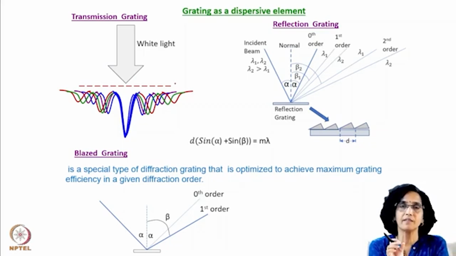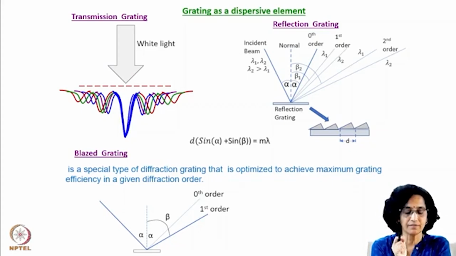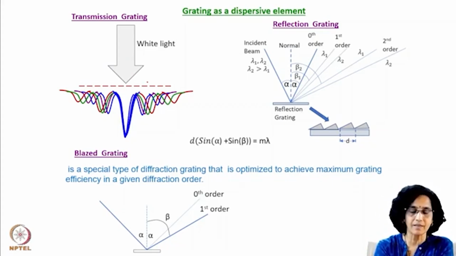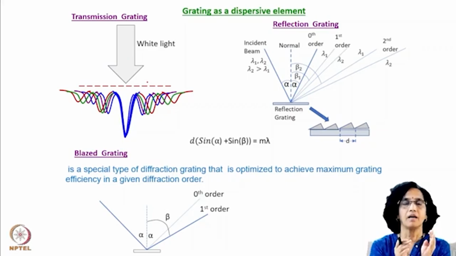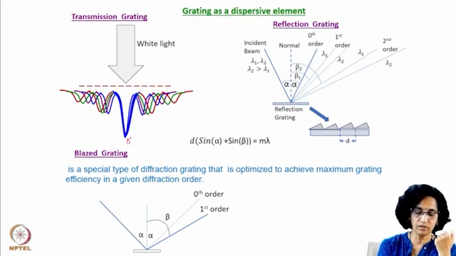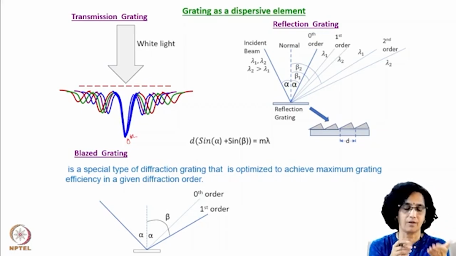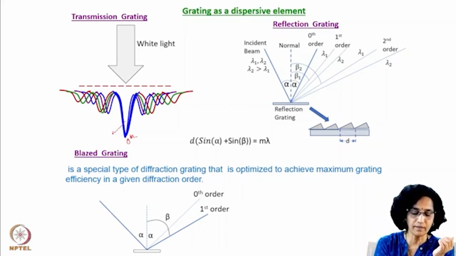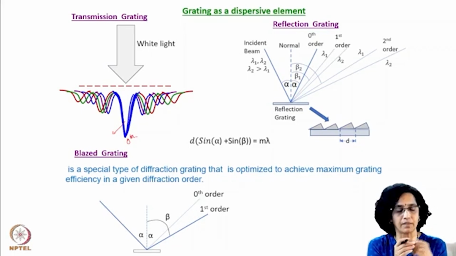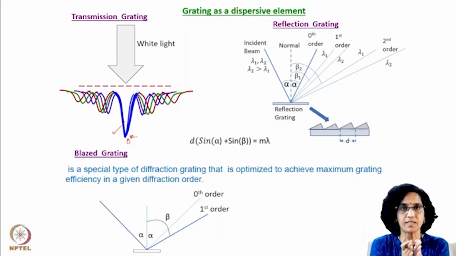The size of the slit is comparable to that of the wavelength. And so when light falls on these multiple slits, it undergoes diffraction. You have the 0th order, where all wavelengths combine together. There is no separation of the wavelengths because it is a bright fringe; the path difference condition for a bright fringe is satisfied for the central region.